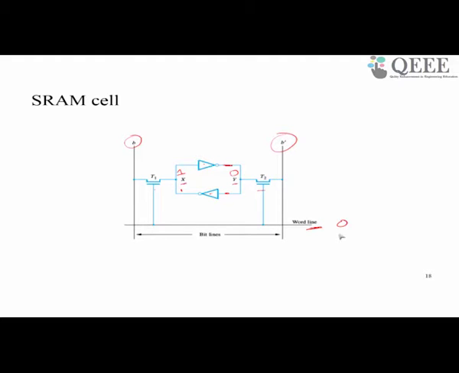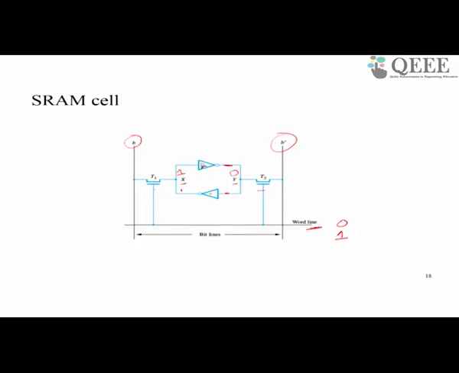On the other hand, if the word line is 1, the transistors are on, and it enables a path between the X and Y signals and the lines B and B complement. Then by looking at B and B complement, the value that is stored in this inverter circuit can be found out.